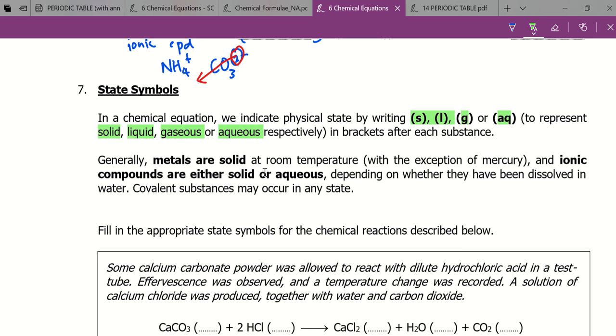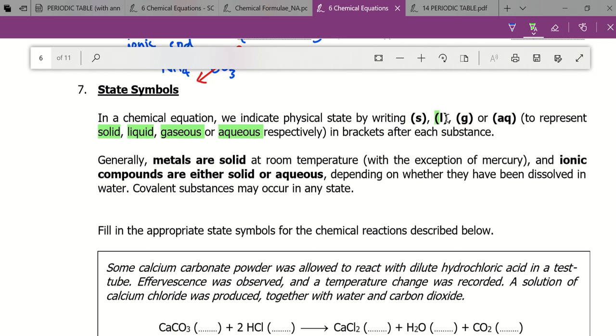I think for solid and gas, it is not so much of an issue. However, a lot of students will find it difficult to differentiate between liquid and aqueous. So what's the difference between the two of them?